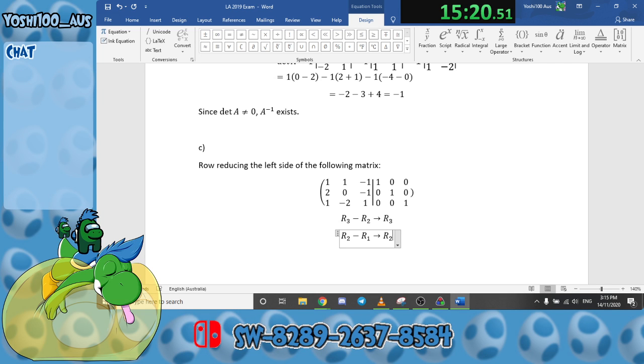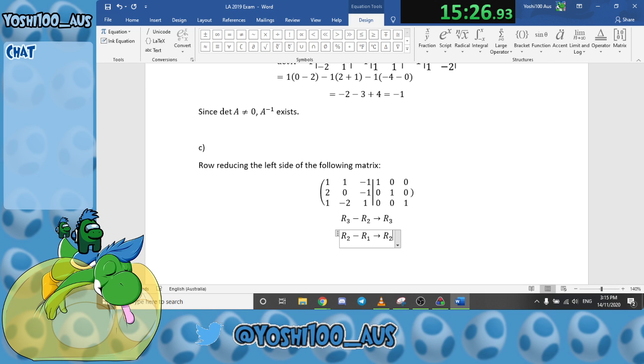I want to take R2 to get R1. Right, and that'll give us 0, 2, minus 1, 1, minus 1, 0, 0, minus 3, 2. 2, minus 1, 0, minus 1, 1, 0, 0, minus 1, 1. Okay.